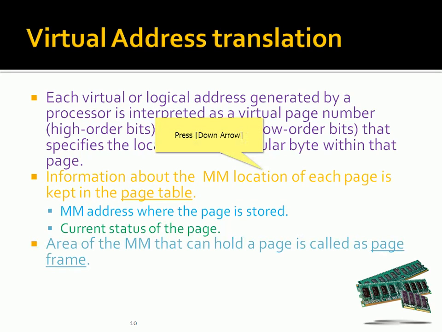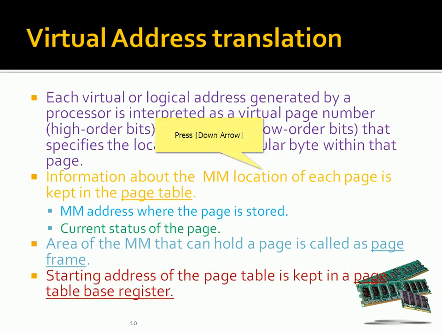The area of main memory that can hold a page is called a page frame. Certain areas of the main memory that can hold pages are called page frames, right? The starting address of the page table is kept in the page table base register.